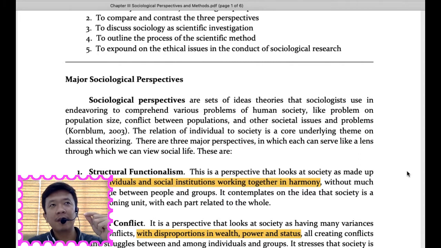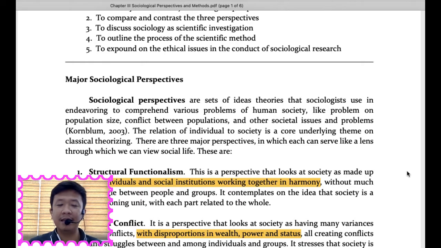So basically, ang perspektibo ay kung paano mo tignan ang isang bagay. Because how you're going to look at the world will define what you are going to look at. So the how will define what you will eventually see. So how you see will define what you see.